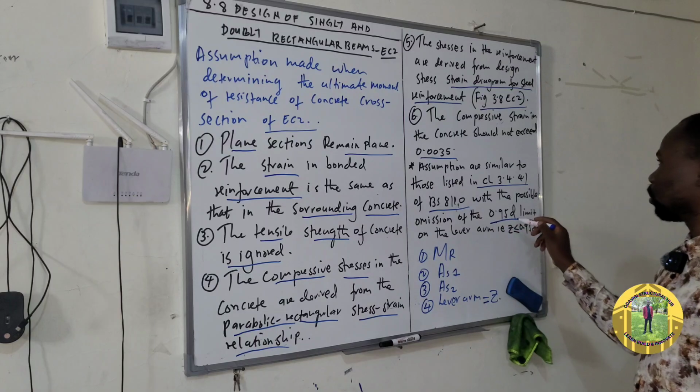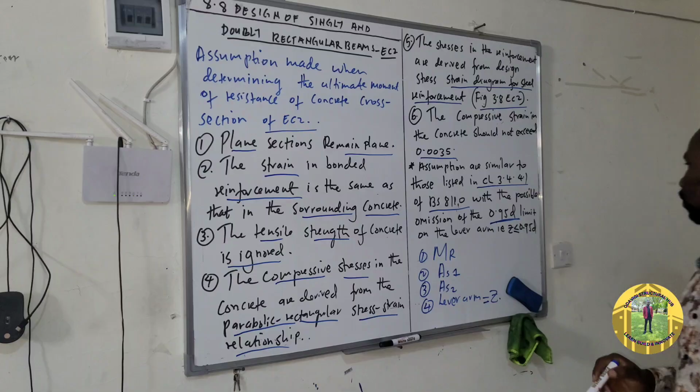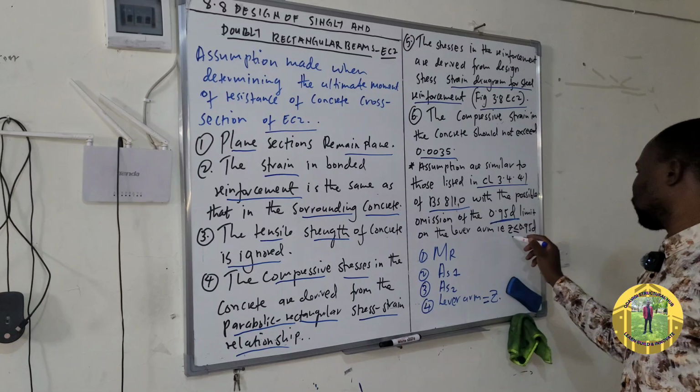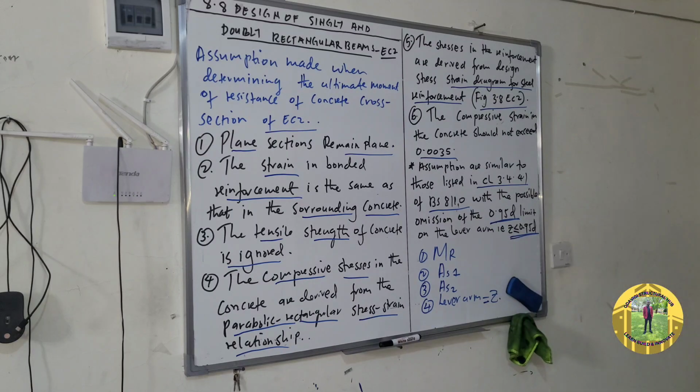So the assumptions are the same, but this 0.95d limit has been omitted on the lever arm, i.e. Z must be less than or equal to 0.95d. So let's now go to the diagram that will lead us into the derivation of the equations or formulas for design of singly and doubly reinforced beam to Eurocode 2.